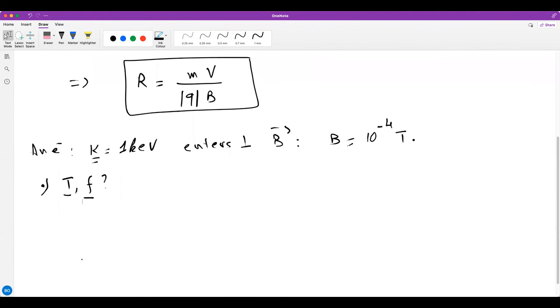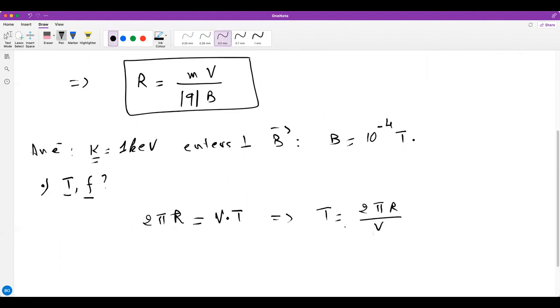Well, we know that one full circle, the distance that the particle will travel during one full circle, which is 2 pi r, is equal to the velocity of the particle times the period, which means the period is equal to 2 pi r over v.